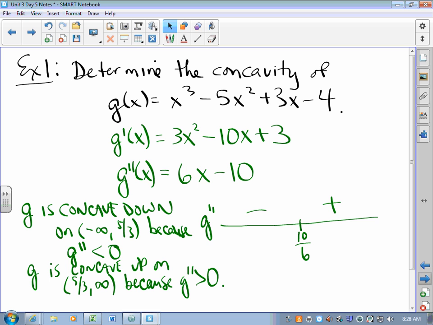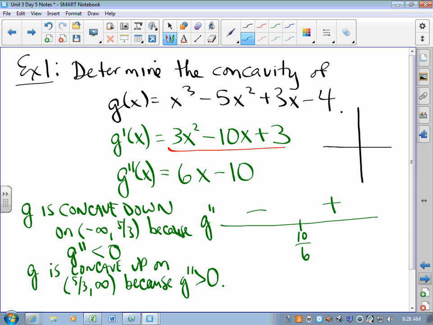I want to drive home, though, that I could have used g prime. I could have said, here's g prime. G prime is some ridiculous graph, looks like this. Ballpark. No, it never goes negative. Whatever. G prime bottoms out at x equals 5/3.